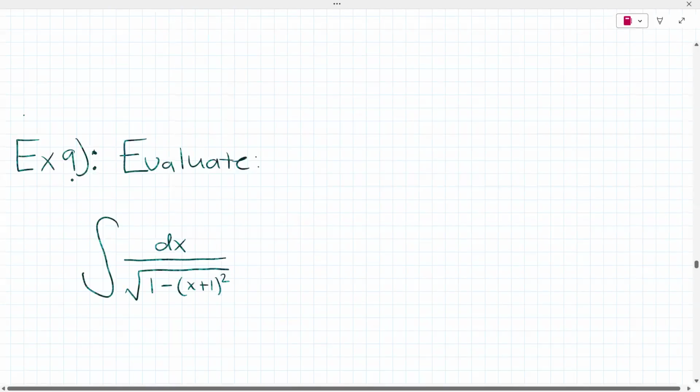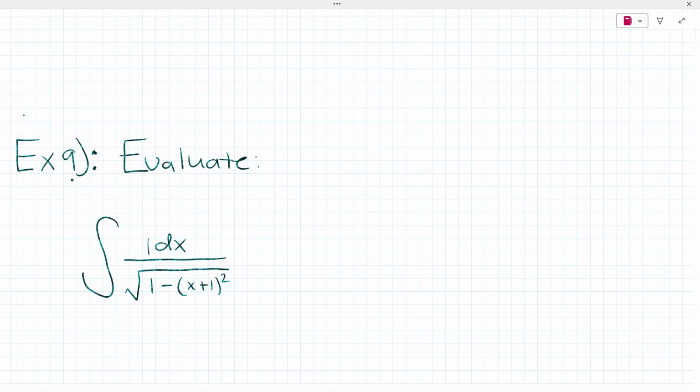Okay, let's move on to example 9. We have the integration of 1 dx over square root of 1 minus square root of x plus 1 squared. So let's see, there's a 1 on the top. On the bottom, there's no x right here. And then there's a square root, and then there's a minus.